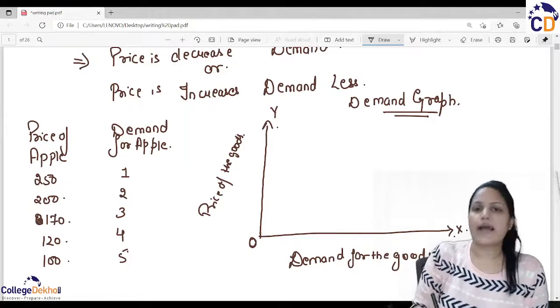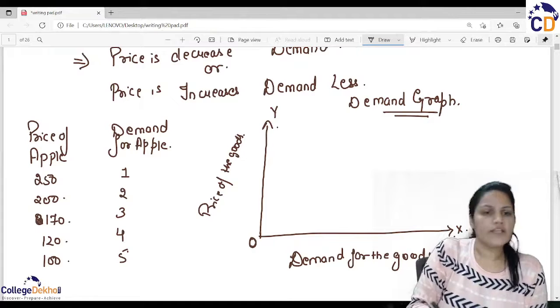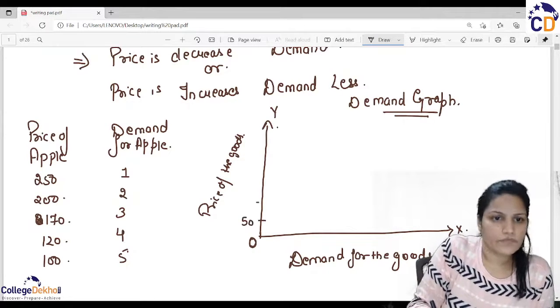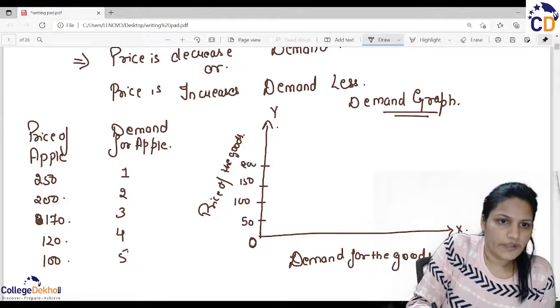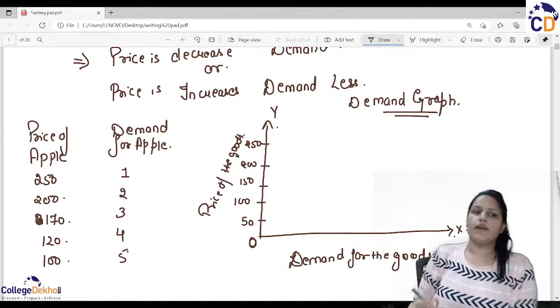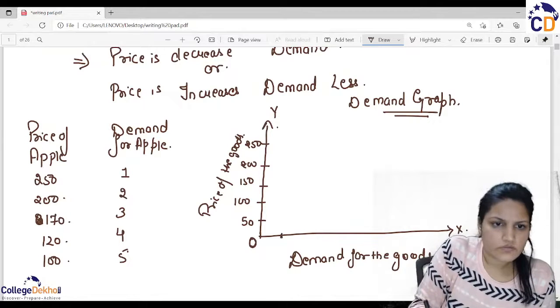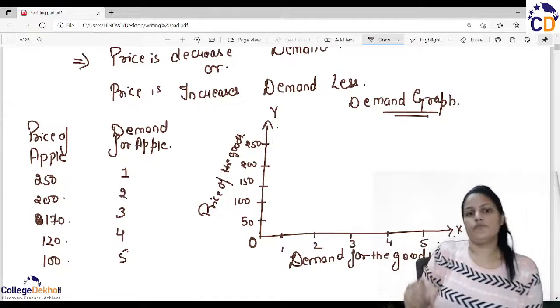So here in the price, we are going from 100 to 250, so what I am going to do is make it 50, 100, 150, 200 and 250. And on the demand axis, there is an equal 1 to 5, so we'll make it 1, 2, 3, 4 and 5.